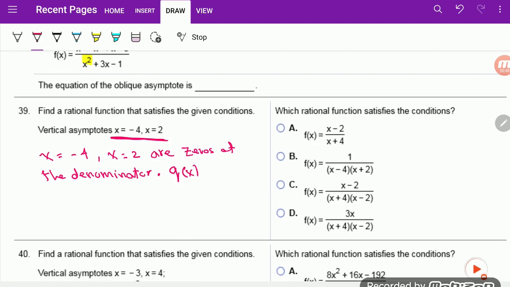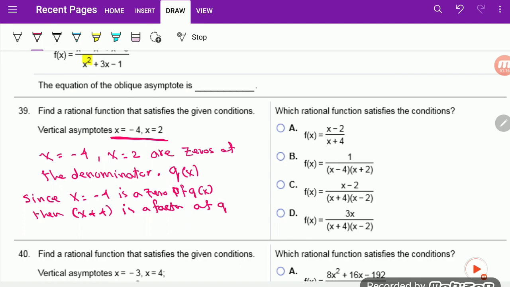So what are the factors of q of x when you are given the zeros? Since x equals -4 is a zero of q of x, then x plus 4 is a factor of q of x.